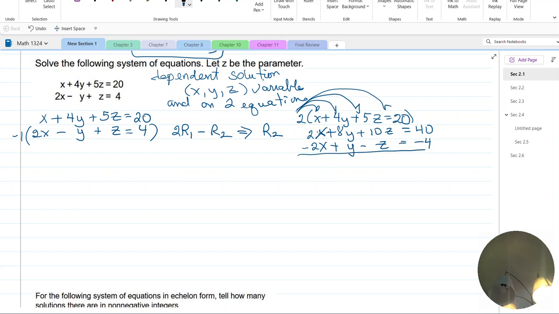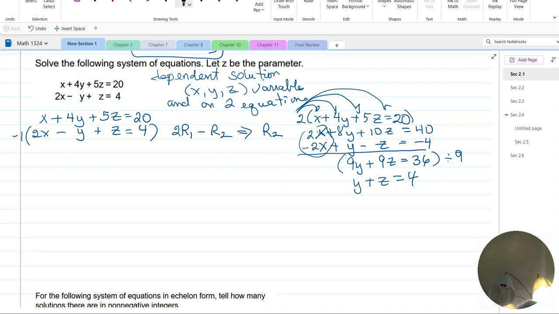All right. So this zeros, and now I have 9y plus 9z equals 36. I'm going to divide by 9. So that gives me y plus z equals 4.